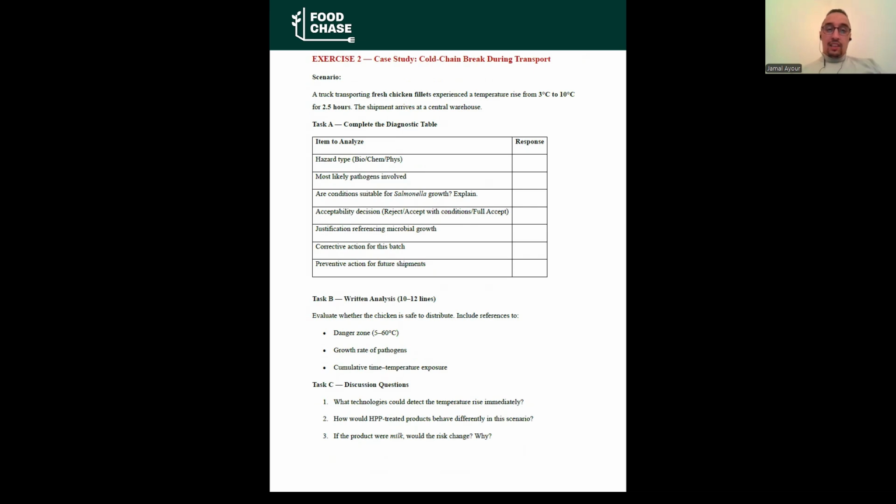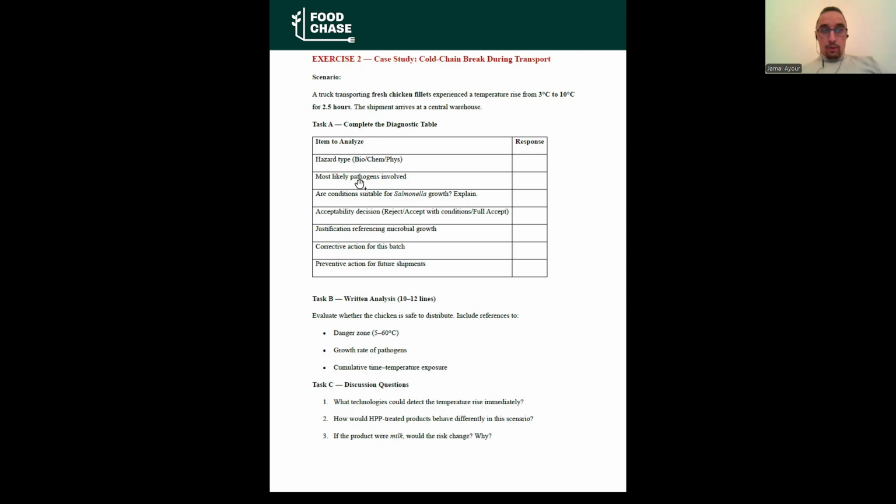Exercise number two is a case study about cold chain breakdown during transport. In this exercise, we have three tasks, task A, B, and C. For the first task, the objective is to complete a diagnostic table with hazard type.